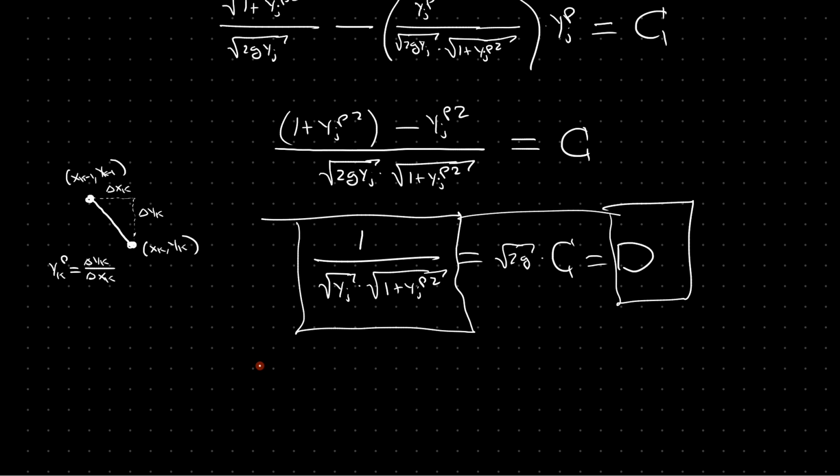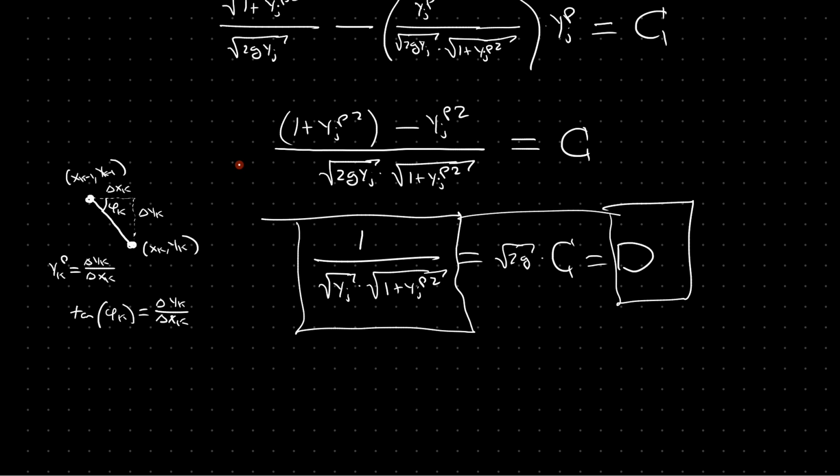It's precisely the cosine of this angle, call it phi k, right here for any one of the segments, because the tangent of that angle phi k is exactly the opposite over the adjacent, which is delta yk over delta xk.